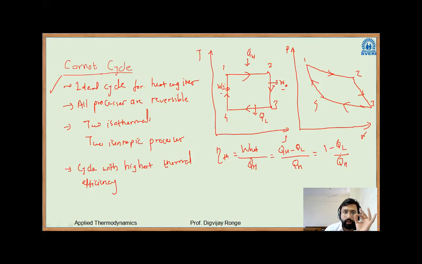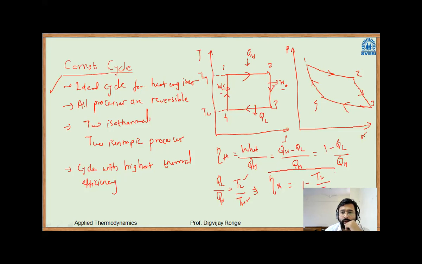Now, a very important feature of the Carnot cycle is that I can write the ratio of QL to QH as equal to TL divided by TH. What is TL? TL is sink temperature, TH is source temperature. So here this lower temperature is TL and the higher temperature is TH. So the formula of thermal efficiency reduces to 1 minus TL by TH.